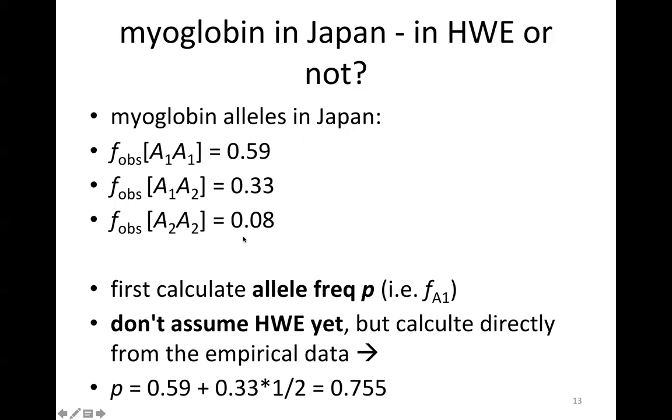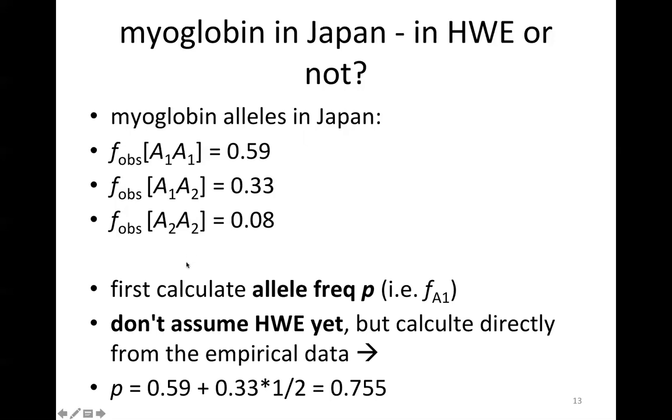We can also do the same for q explicitly, or we can just simply subtract p from 1, and that would give us q. You can do this just to make sure your calculation is correct.